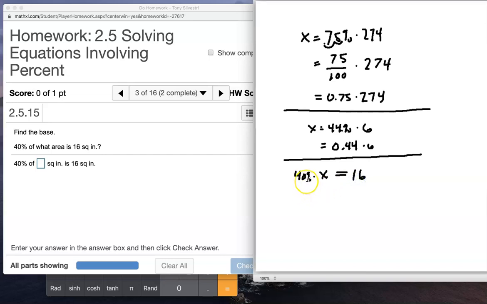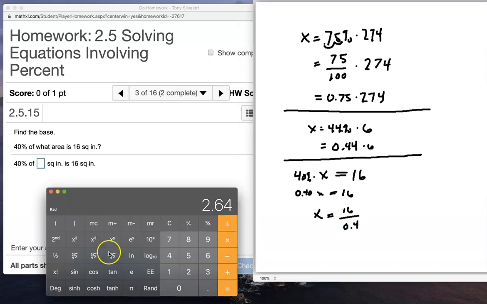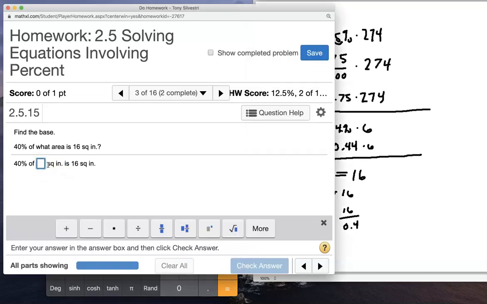So now what I'm going to do is move that decimal point, because you can't really do math with percents, but you can with 0.40, moving the decimal point over twice. And so to solve for x, I'm going to divide by 0.4. So if we come over here to the calculator, we'll clear it, and type in 16 divided by 0.4 equals 40. Let's try that, 40.